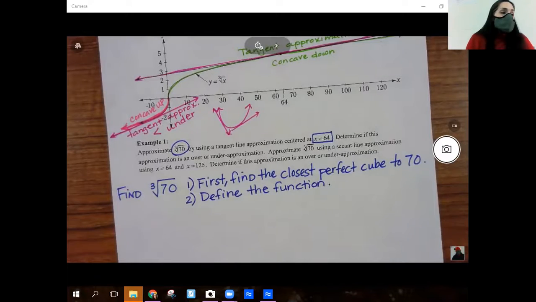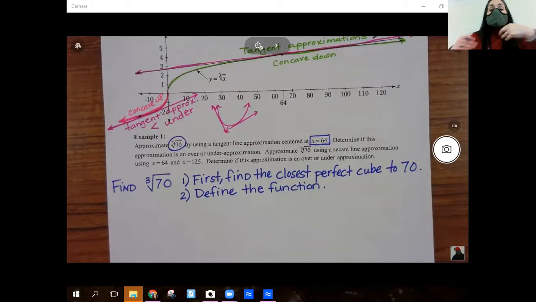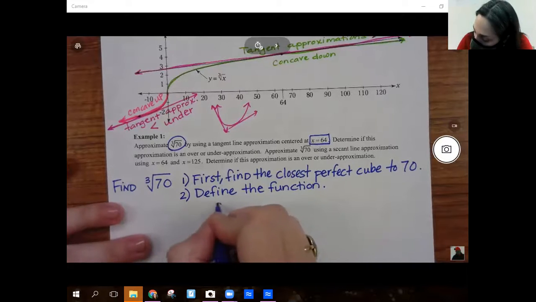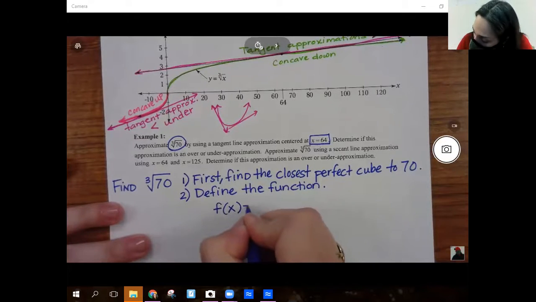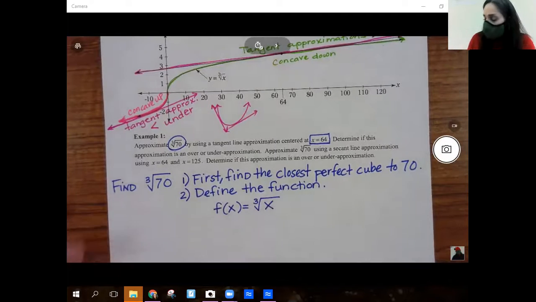Okay, so the function for this particular example is not the cube root of 70. That's an actual value that we're trying to figure out. The function itself is taking the cube root of a number. So the function for this is going to be f of x equals cube root of x.